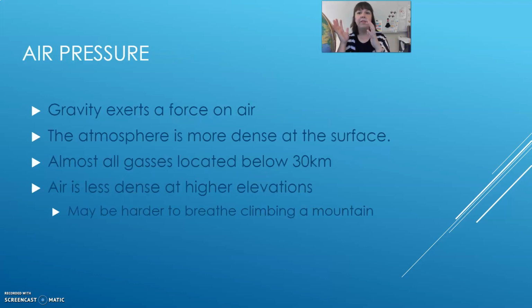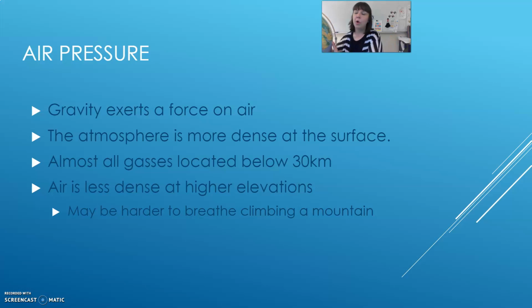Now, air is above us, and air does have mass. We tend to not notice it because we're so used to it. So gravity does exert a force on air that holds it in, otherwise it'd be floating out in space, right? And so that atmosphere is more dense and heavier at the surface. Almost all of your gases are located in that bottom 30 kilometers of our atmosphere.